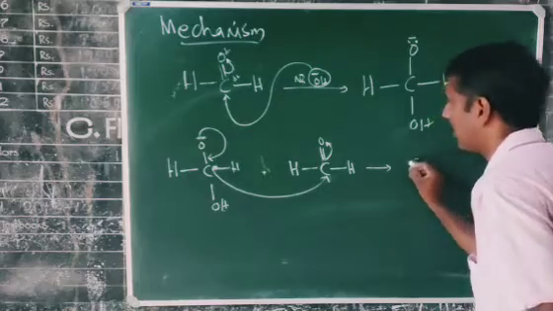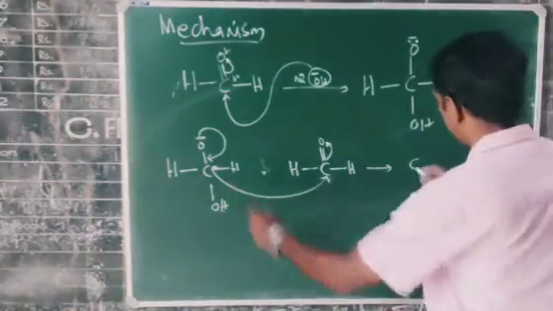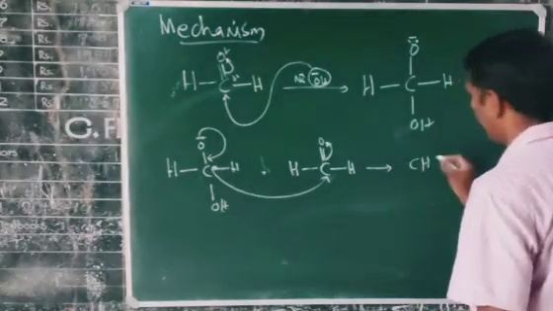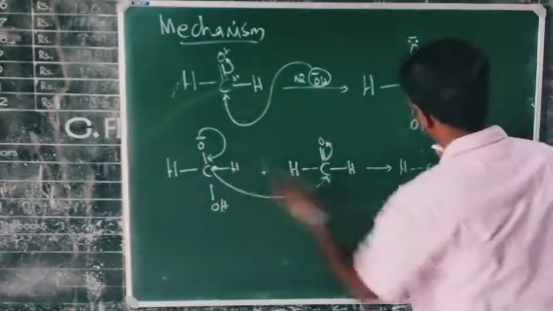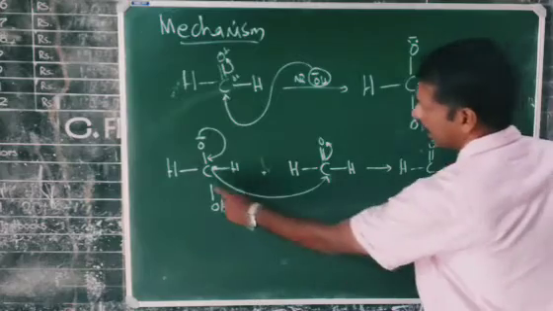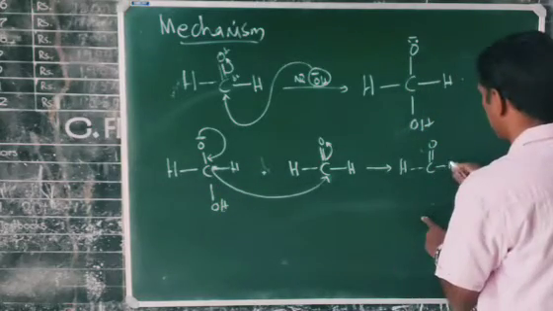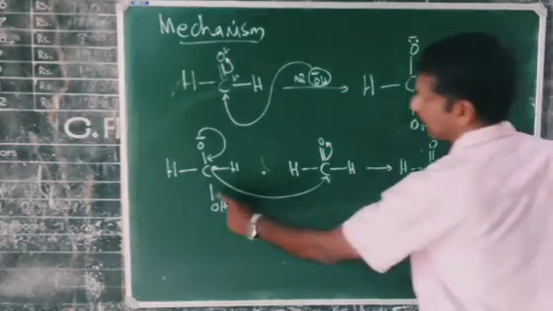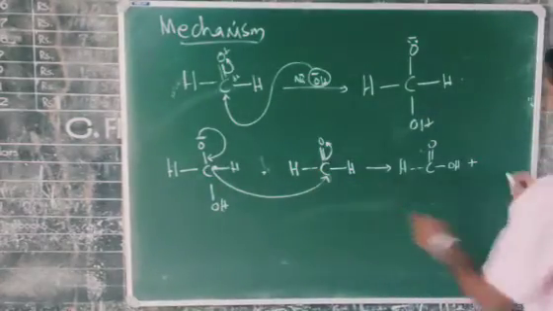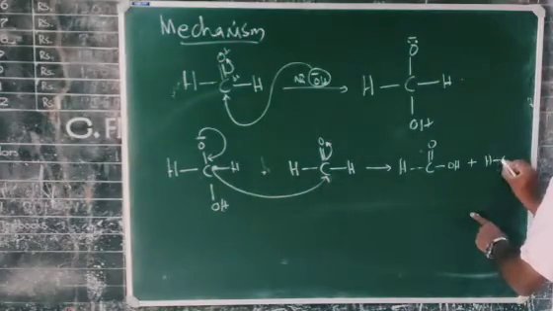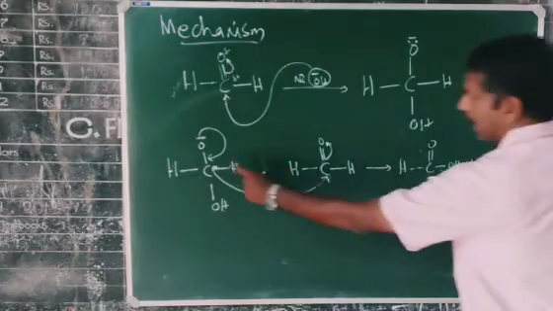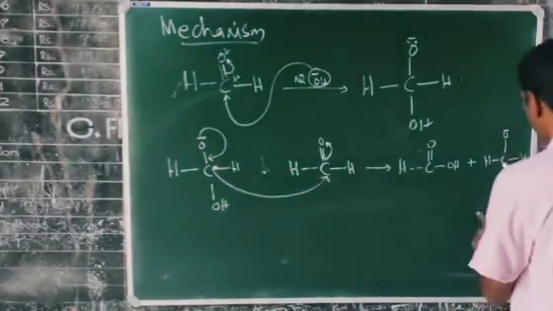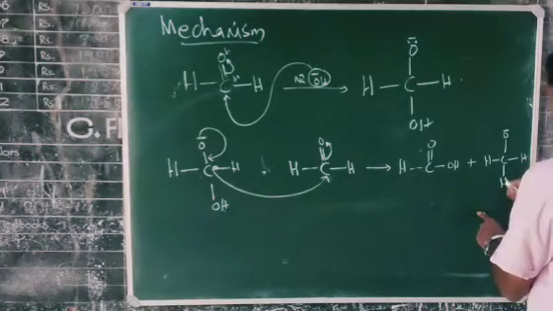Here you can see C, here it is H, or you can write H, C, and here it will become a double bond, and here this OH. What is happening here? Here you can see H, C, H, and here it will become O minus, and since this hydrogen is attaching to this carbon, you get a structure like this.